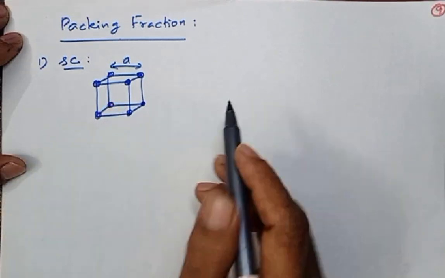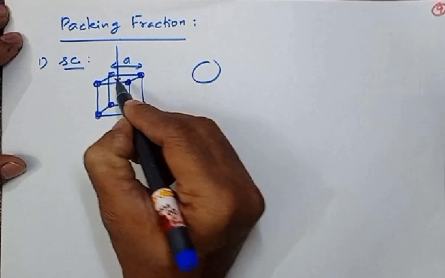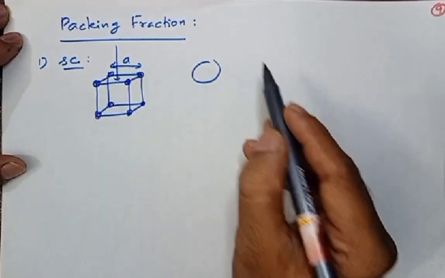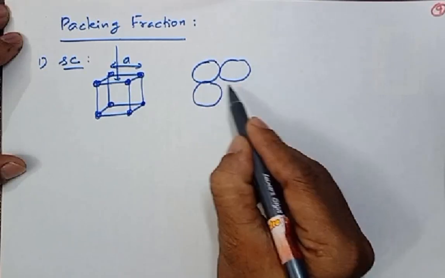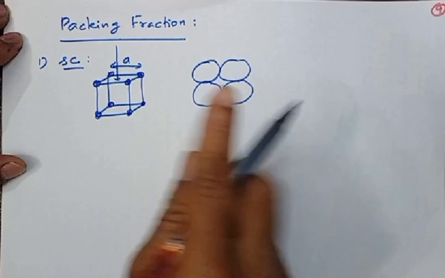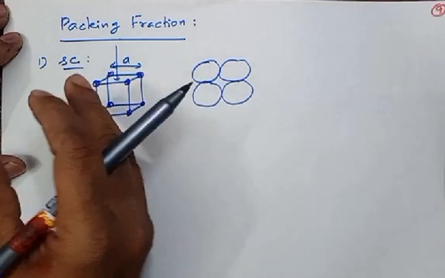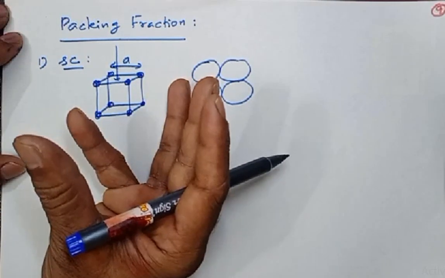In simple cubic, let me show you the top view. From the top, the atoms are actually touching each other. While drawing, we conveniently placed atoms at the corners and drew large unit cells.